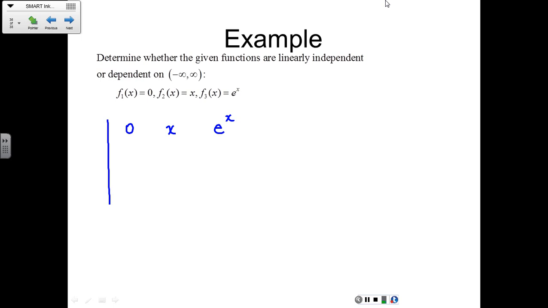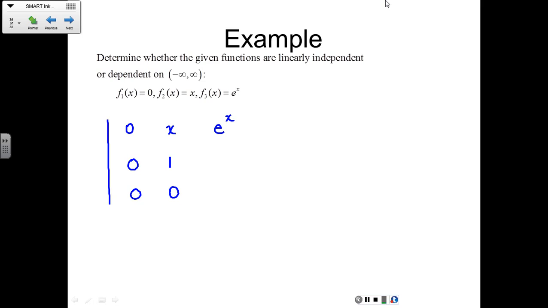So here's my question. What's the first derivative of 0? First derivative of 0. What's the second derivative of 0? Okay. What's the first derivative of x? What's the second derivative of x?